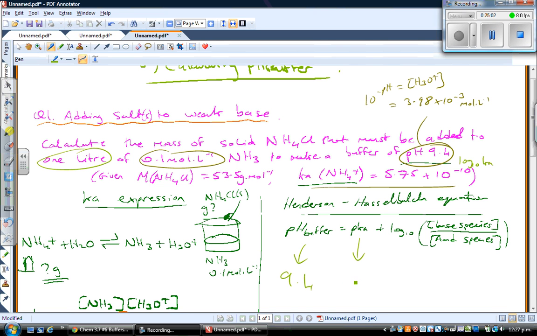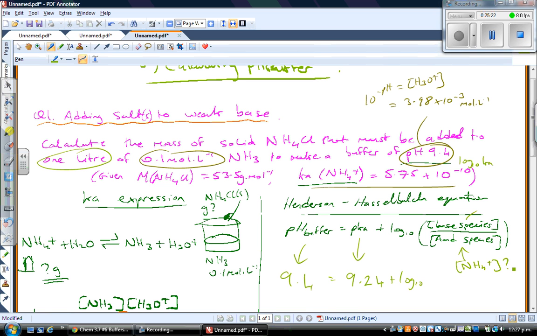So the pKa works out to be 9.24. And we just need to isolate the species that we're interested in. We're interested in the concentration of the acid species in this case, the NH4 plus.